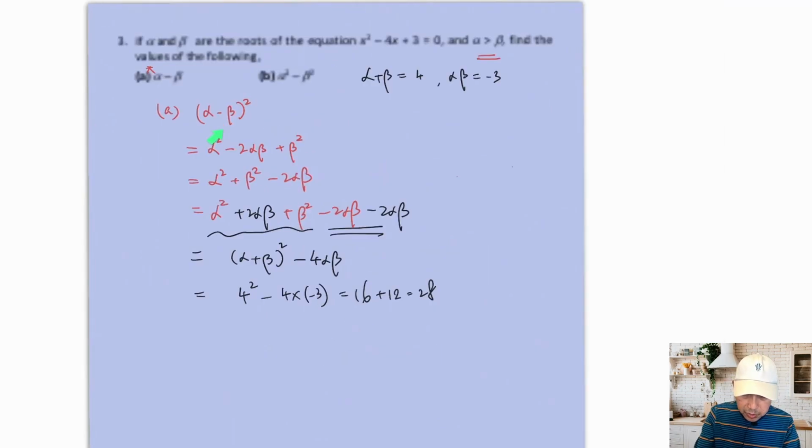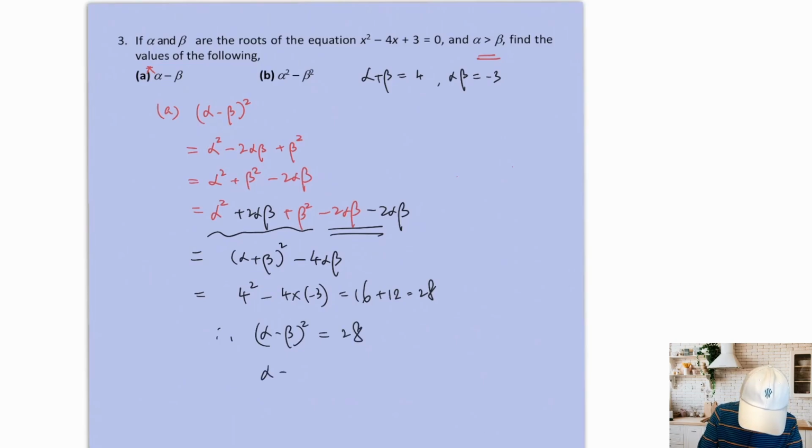Up to this moment, we have the numerical value of alpha minus beta squared, which is equal to 28. So alpha minus beta should be equal to positive square root of 28 or negative square root of 28.